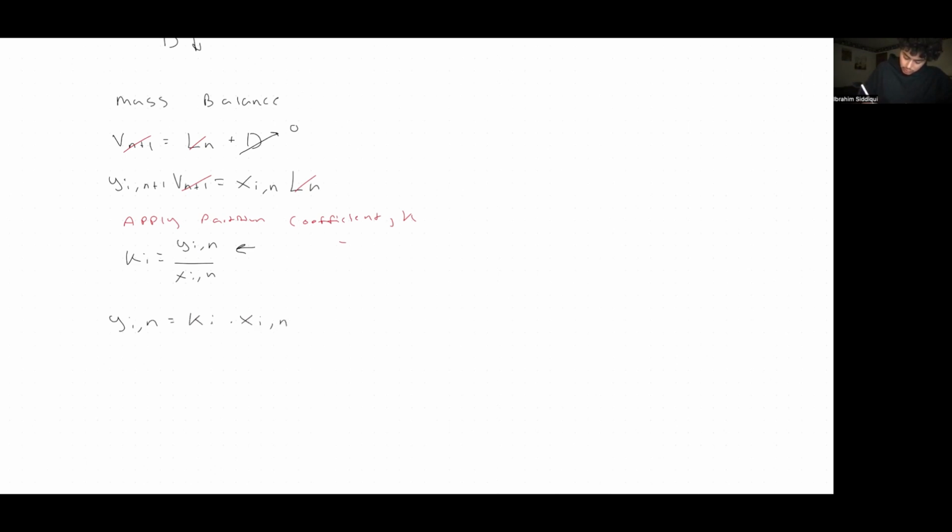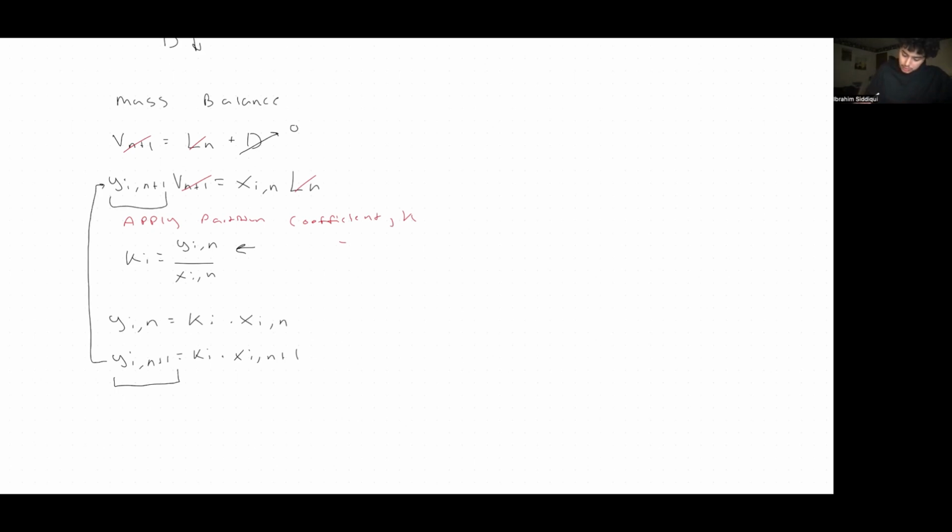And we can also do this at stage n plus 1, so we rewrite this at stage n plus 1. One thing we want to do is substitute this into this right here.